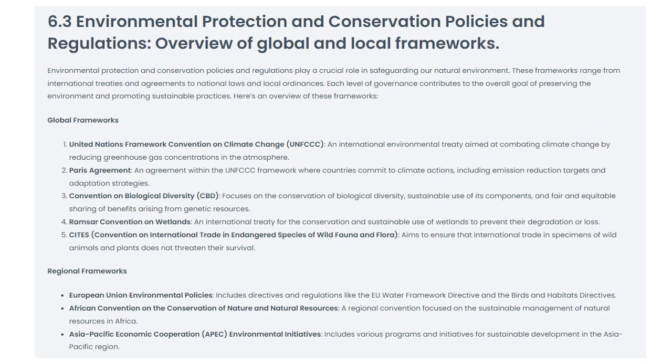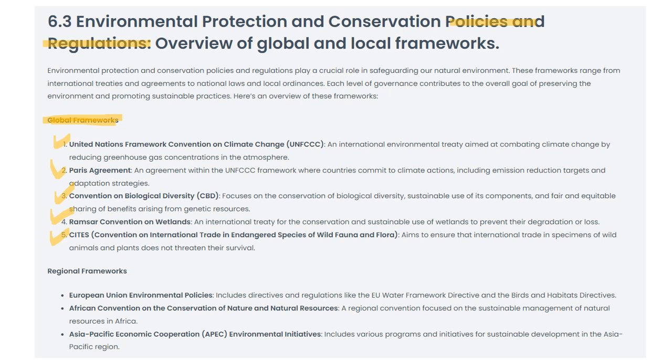Then we come to the policies and regulations part. The policies may be at global level. At global level, there are many frameworks which are related to climate change directly or indirectly. Among these frameworks are: UNFCCC, Paris Agreement, the Convention on Biological Diversity, Ramsar Convention on Wetlands, and the Convention on International Trade in Endangered Species of Wild Fauna and Flora.